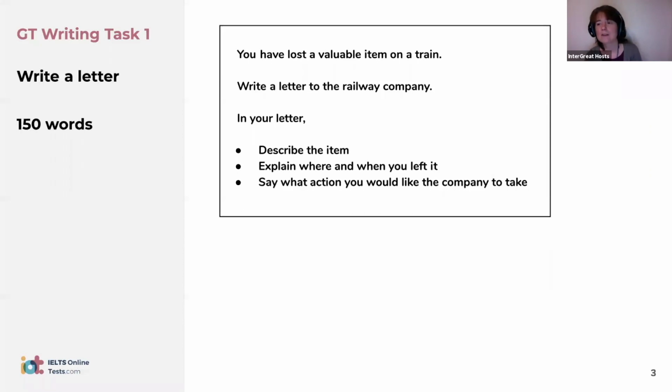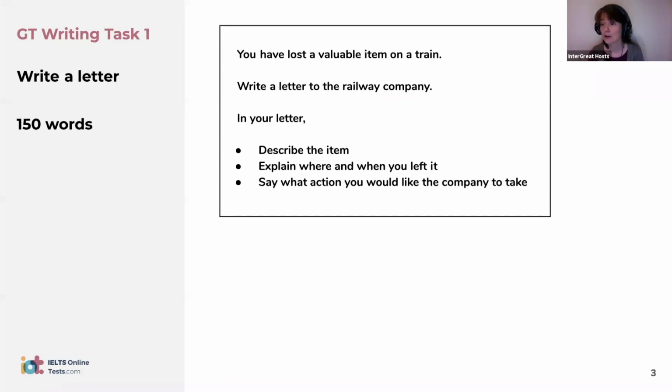So remember that the task 1 is a minimum of 150 words. Okay, if you write less than 150 words, then that is penalized in the marking system. However, there's no maximum word count, and it doesn't matter how much more you write.